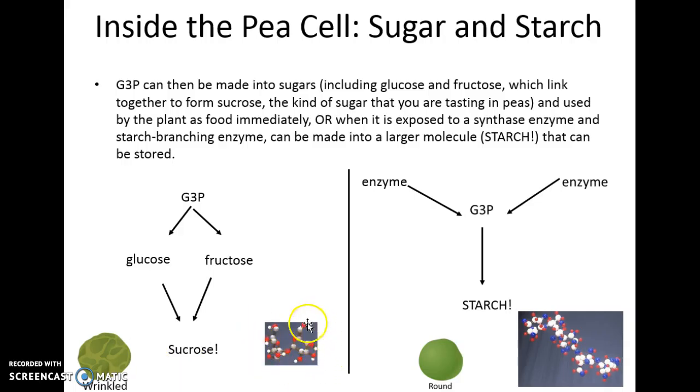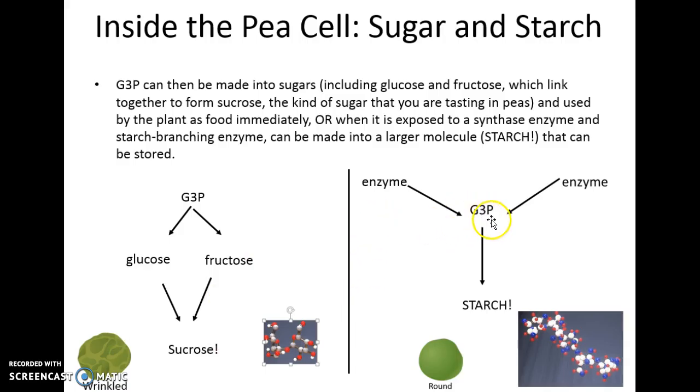It's made of carbon, hydrogen, and oxygen, so all the different little colored spheres you see there are different atoms of carbon, hydrogen, or oxygen. So it's not too big of a molecule, easy for a plant to break down and get the energy it needs. Okay, pea plants that have a lot of sucrose or sugar, when you dry them out, tend to get wrinkly. And so that's what that pea would look like after it's been dried out.